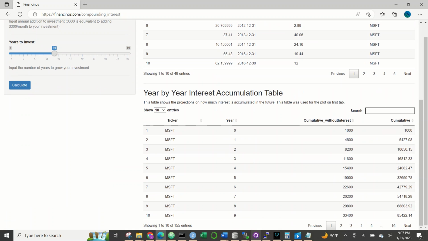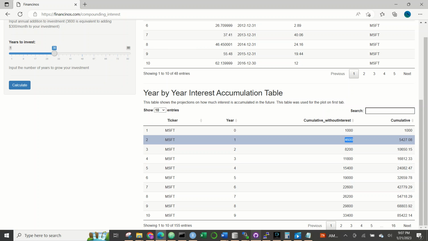The year by year interest accumulation table, we can take a look. For example, if we look at year zero, we invested $1,000 initially, so what we'll have in total in our bank account after year zero is just $1,000, because that was our cumulative investment. Then in year one, we invested that $1,000 plus the $3,600.